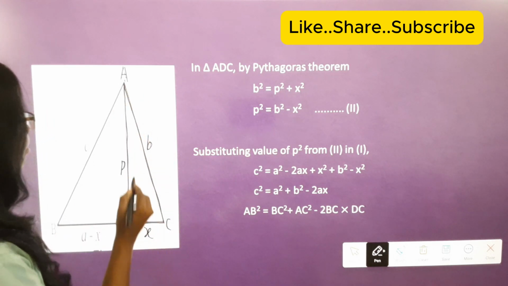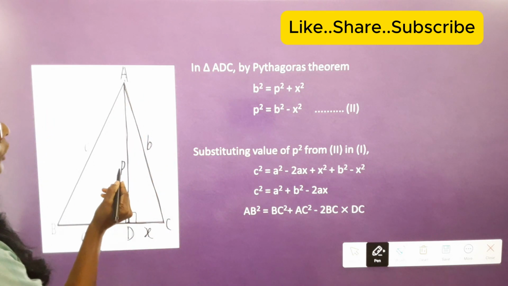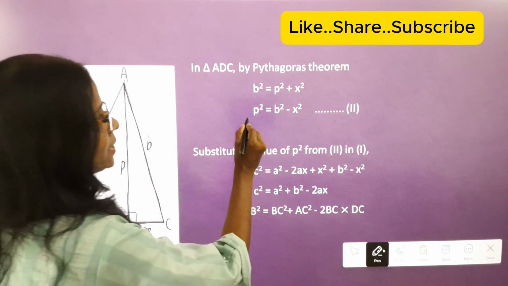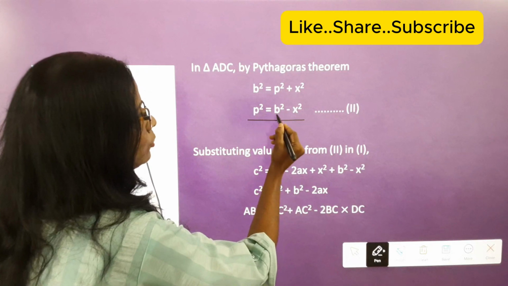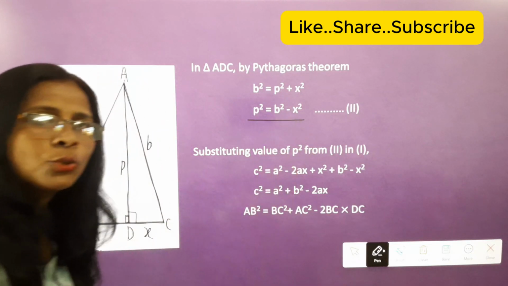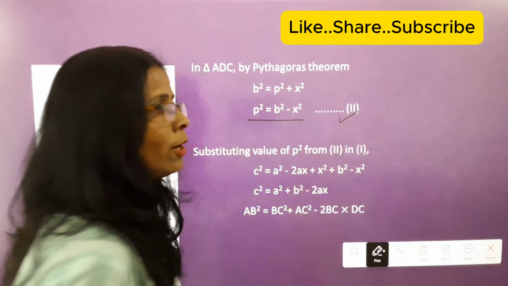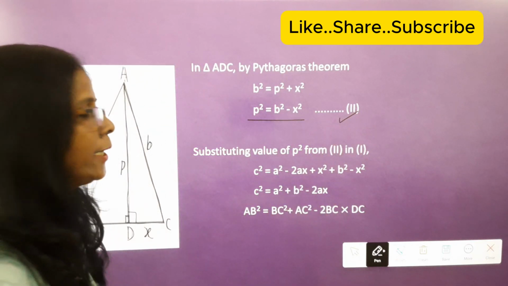So we have b square is equal to p square plus x square. We can write this as p square is equal to b square minus x square, students, and call it the second equation.